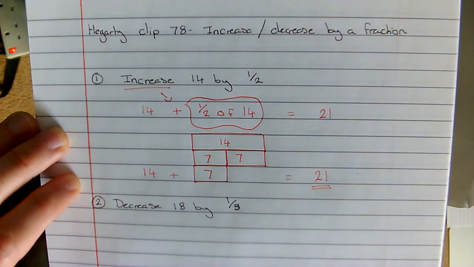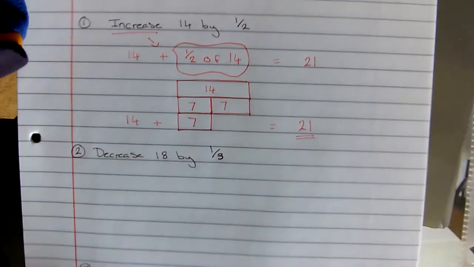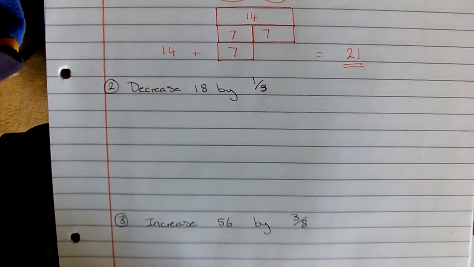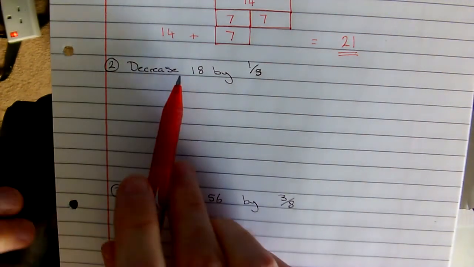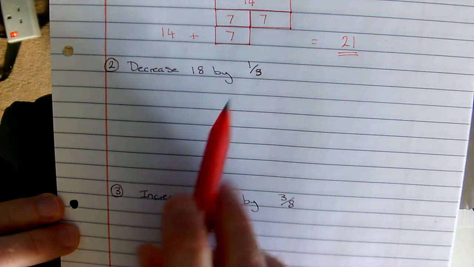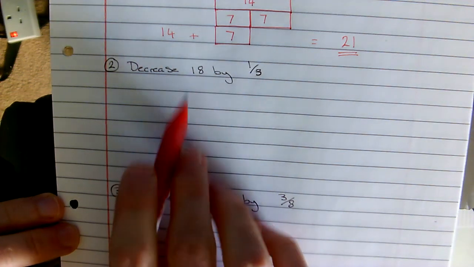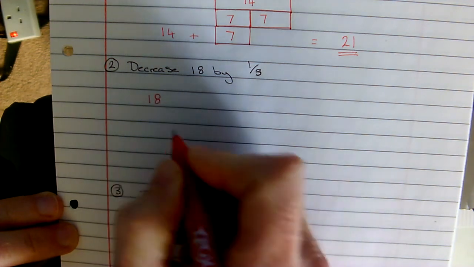Okay? We're going to do that again, but this time we're going to look at a decrease. It's exactly the same process. So, again, decrease 18 by 1/3. Now, a starting point is 18, so I'm going to rewrite the question, remember. So the first thing we're going to do is rewrite the question.